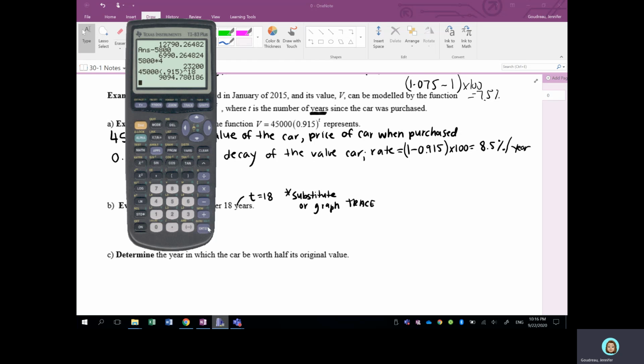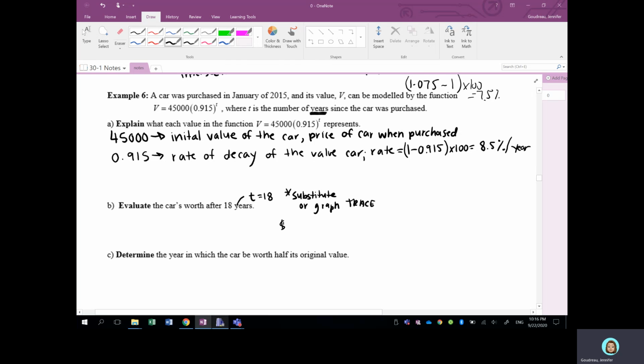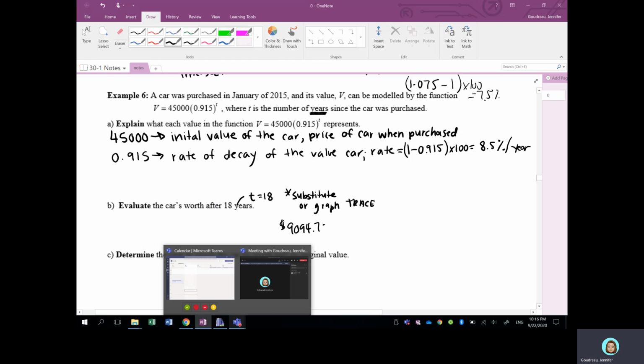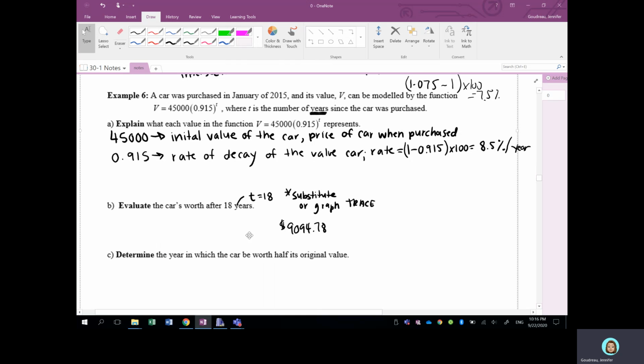So after 18 years, the value of the car is $9,094, and I think I saw 78 cents there. Yeah, and 78 cents. So that's the value of the car after 18 years. That would be your y value. I'll show you that graphically as well.